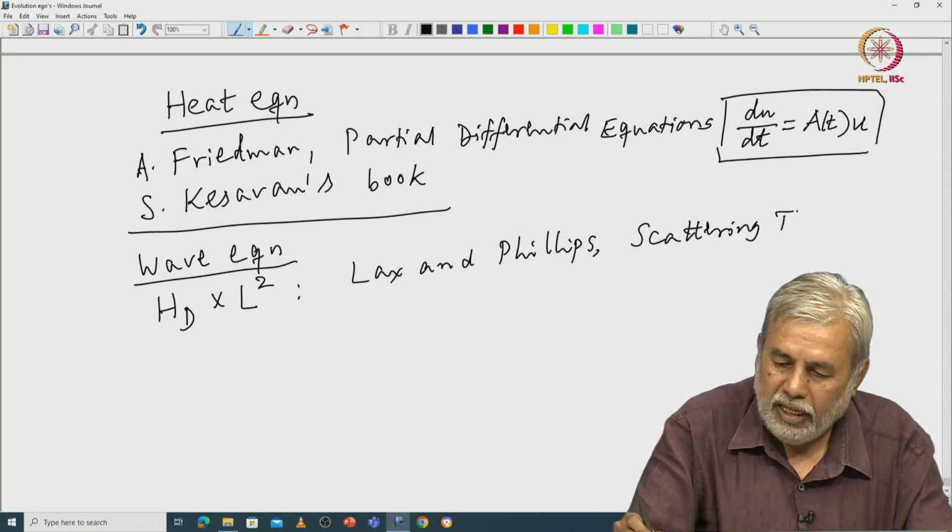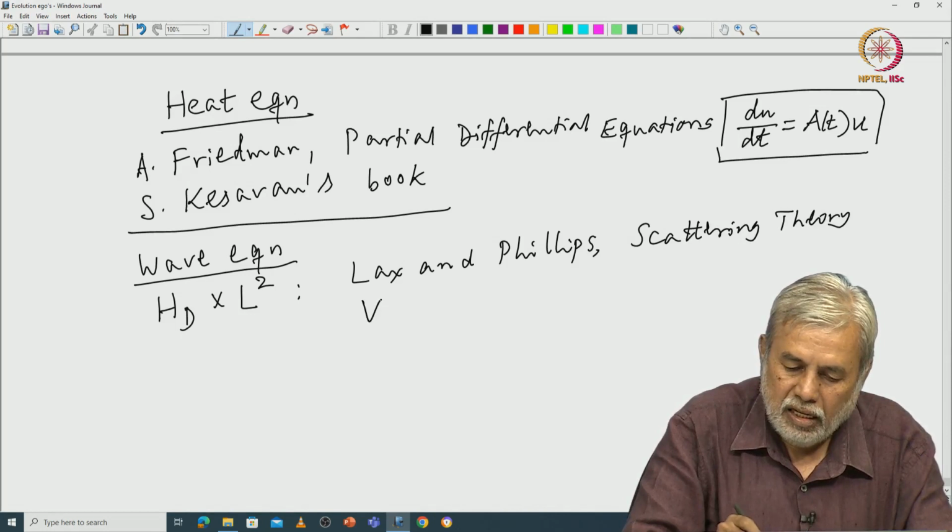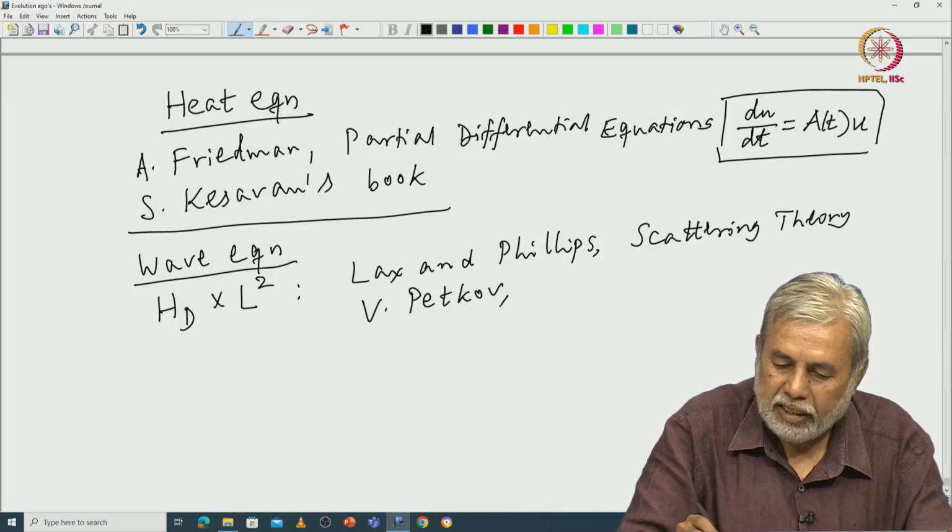You also see some discussion on this in V. Petkov's book, whose title is Scattering Theory for Hyperbolic Operators.